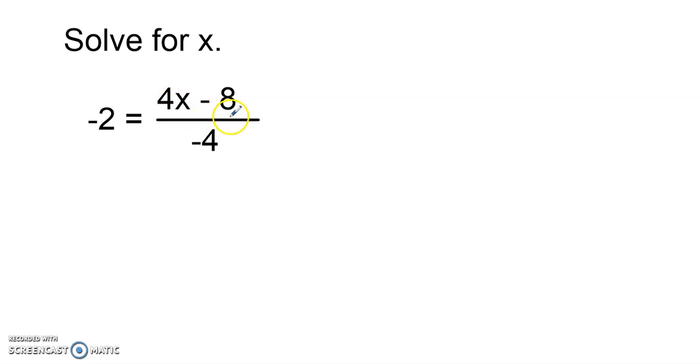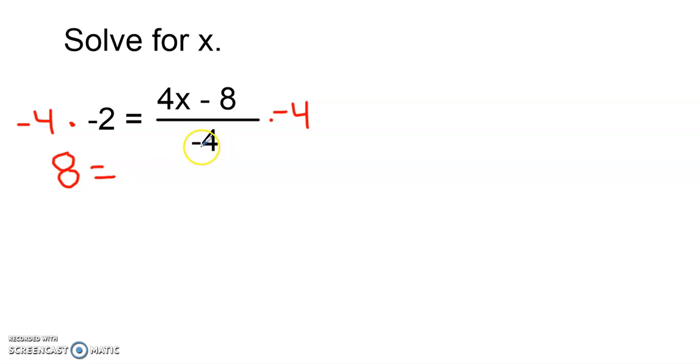So we need to do the opposite of dividing, which is multiplication. So we need to times by negative 4. And in order to keep the equation balanced, we have to times by negative 4 on the other side as well. So negative 4 times negative 2, that's going to leave us with positive 8.